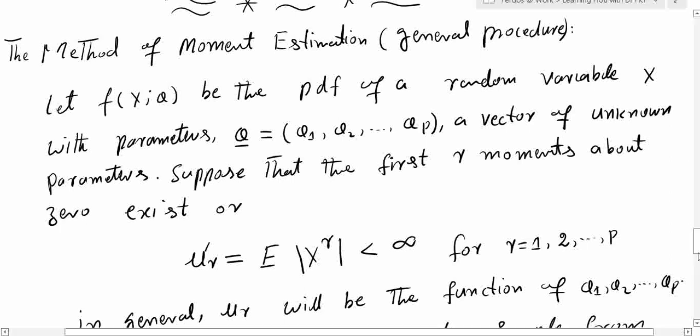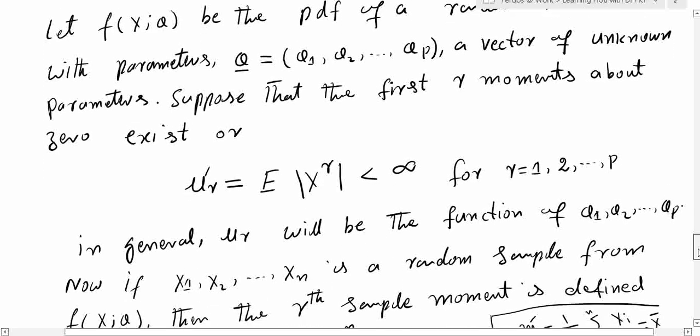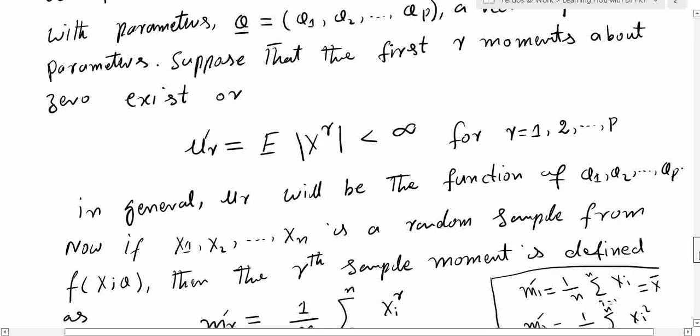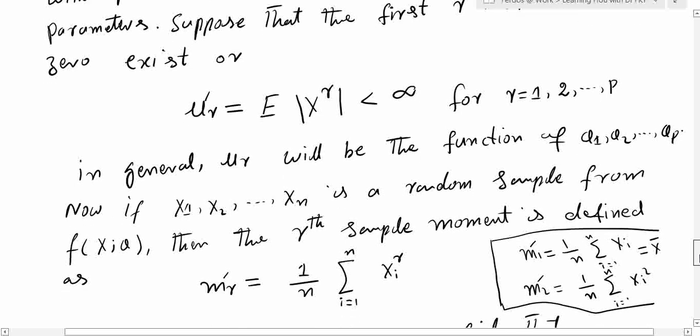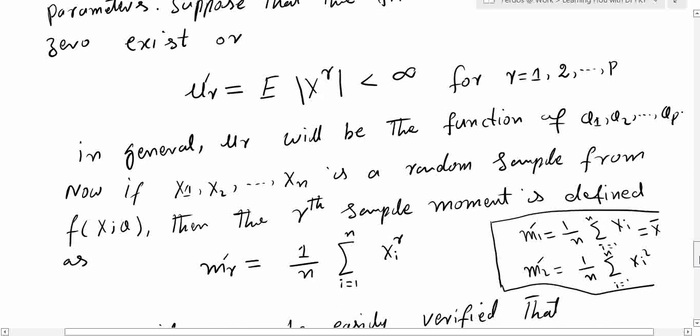Suppose these population raw moments exist. In general, these are raw moments, mu r prime, and will be a function of the parameters theta 1, theta 2 up to theta p. You will see that these moments are functions of parameters in the next videos, in which we will solve some example distributions.